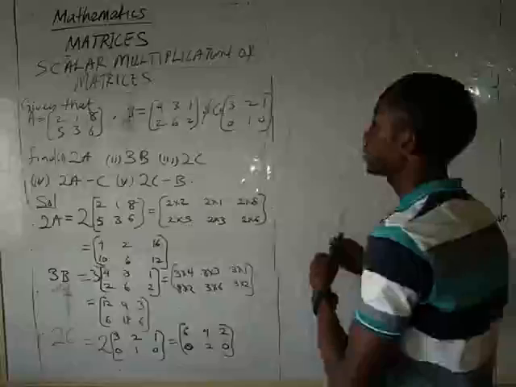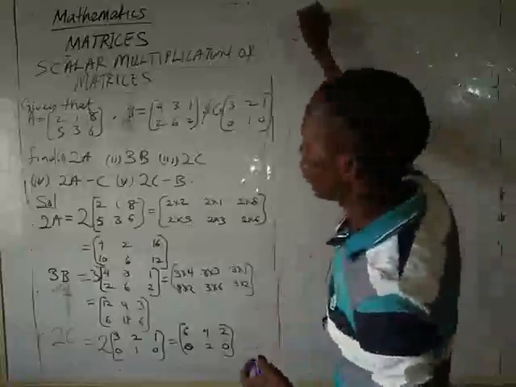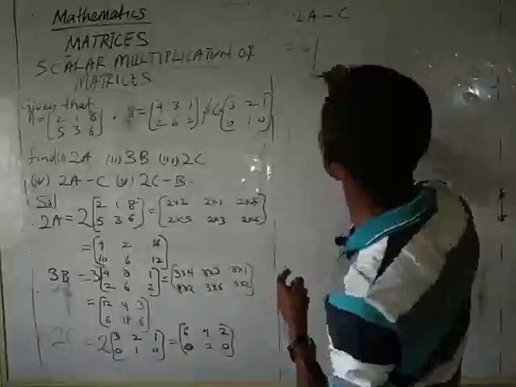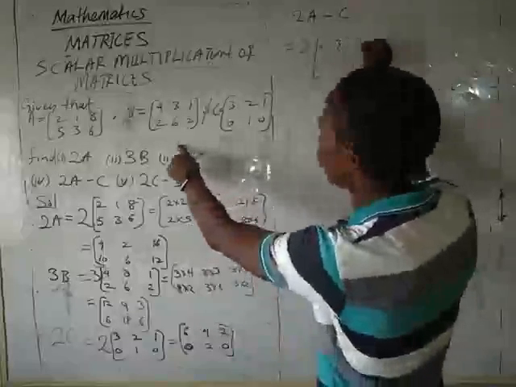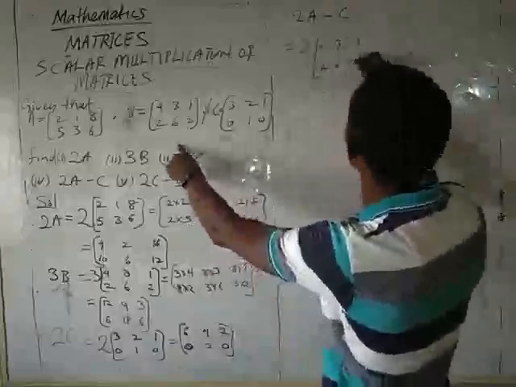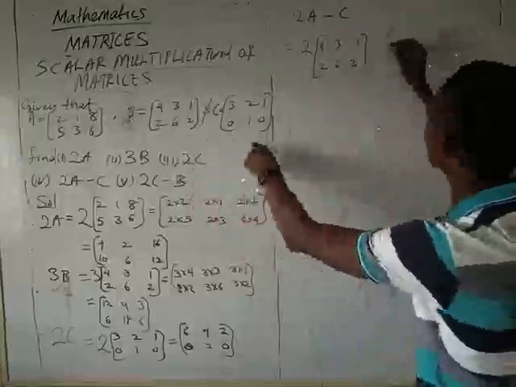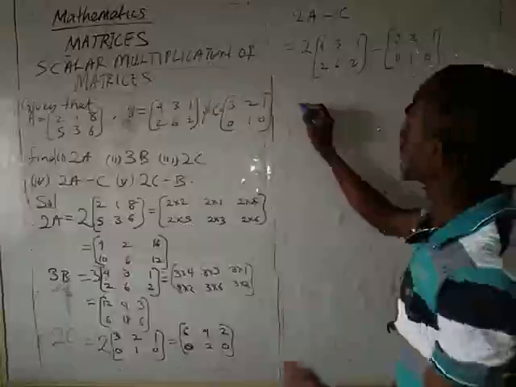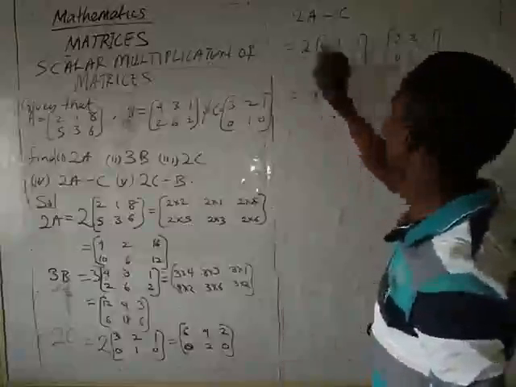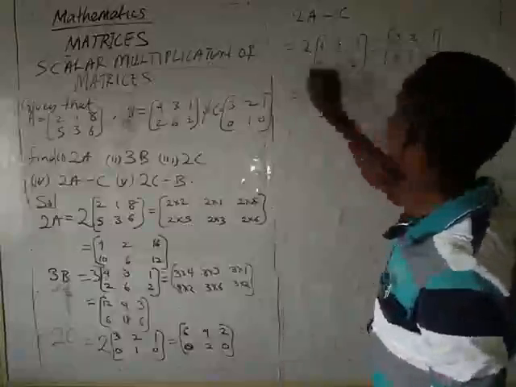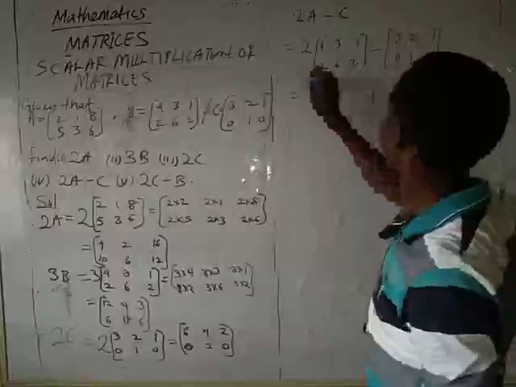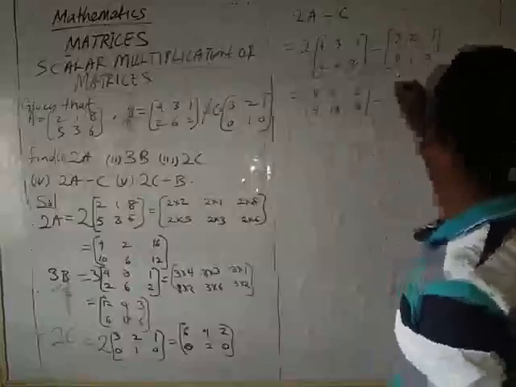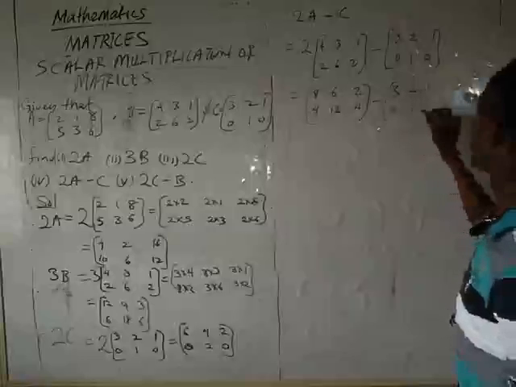So we have 2a minus c, which gives me 2 into, what's my a? 4, 3, 1, 2, 6, 2, minus my c being 3, 2, 1, 0, 1, 0. So from that, I will have to multiply this first: 8, 6, 2, 4, 12, 4. So with that now, I can go on to subtract my C from my A.